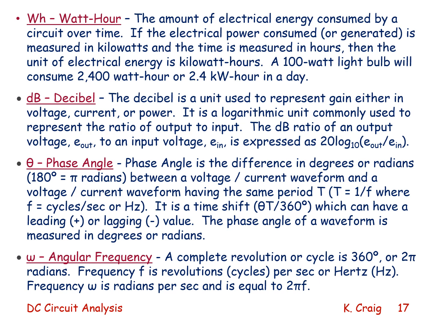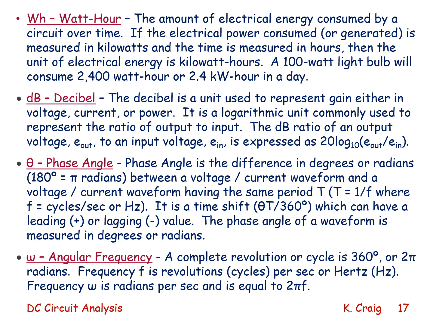The third quantity is the phase angle, phi. The phase angle is the difference in degrees or radians, where 180 degrees is equal to pi radians, between a voltage or current waveform and a voltage or current waveform having the same period, capital T, where T is equal to 1 over f, where f, the frequency, is measured in cycles per second or hertz.